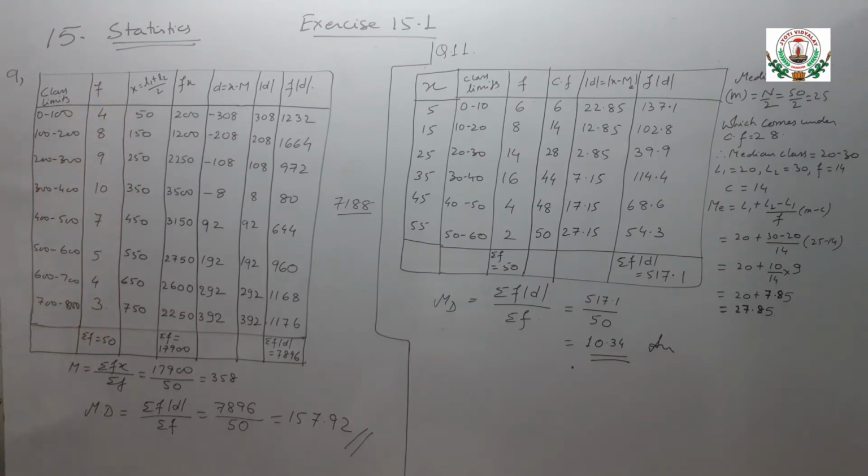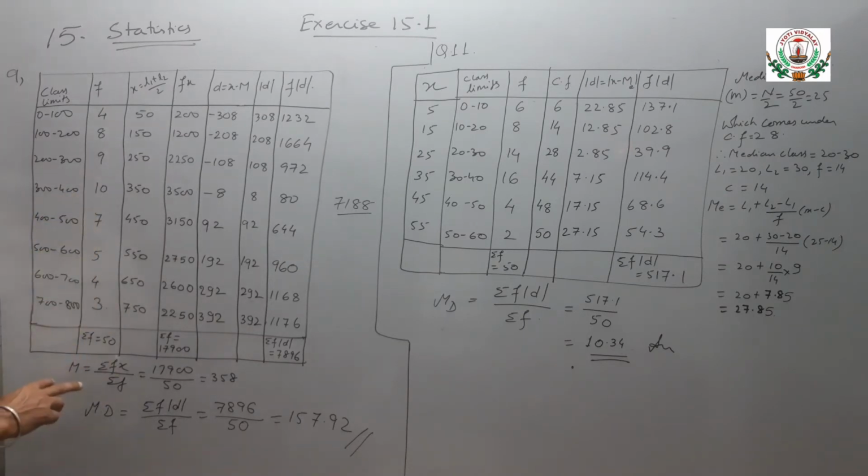In case of mean, it doesn't make any difference if it is exclusive or inclusive. If you convert inclusive to exclusive also, it doesn't matter. Frequencies are given. Mid value x equals lower limit plus upper limit divided by 2, 0 plus 100 divided by 2, 50, difference is 100. So we will go on adding 100 to it, and we will get the mid values of each corresponding class limit.